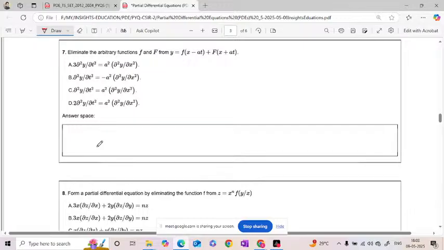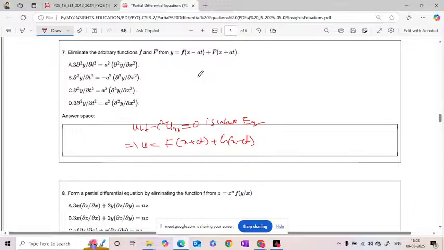Option C. So before going to the problem, u_tt minus c square u_xx is equal to 0. What is the corresponding solution of this differential equation? It is the wave equation. Function of x plus ct, function of x minus ct.